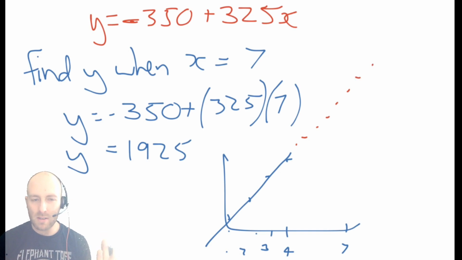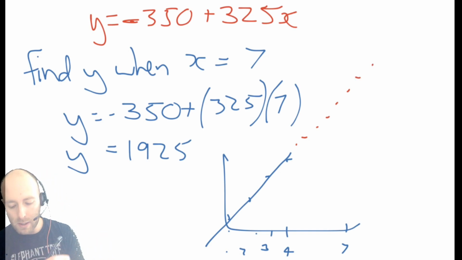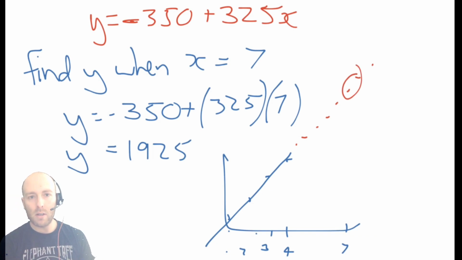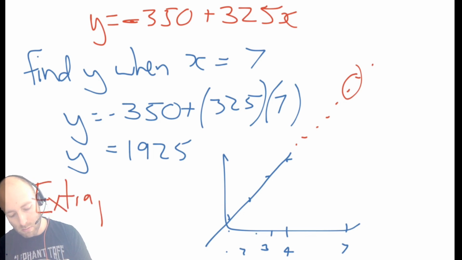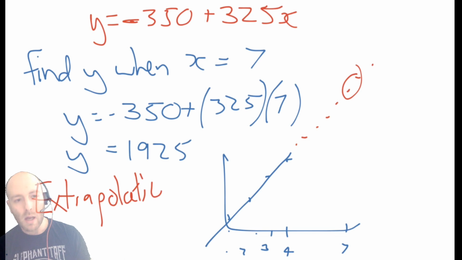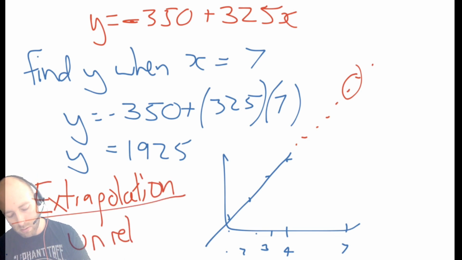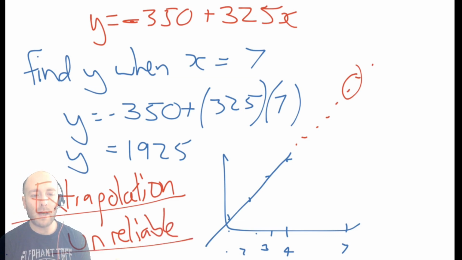But that's a bit of an assumption. So when we make an estimate that's outside of our range of data, we call this extrapolation. And extrapolation is unreliable, because you don't know what's going to happen. We don't know what's happening after x equals 4.